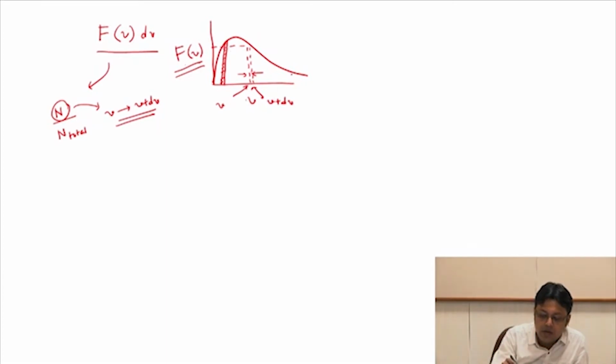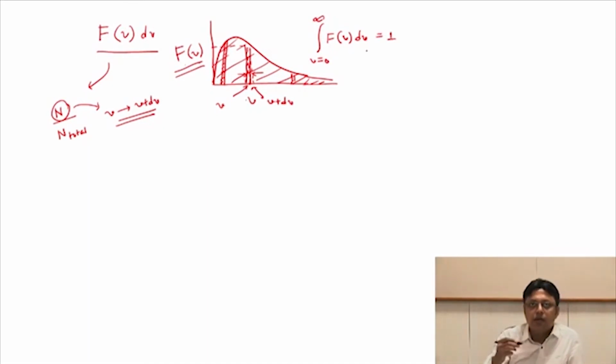In that way you build up the area under the entire curve, and that is the meaning of integration. So f of v dv is the area under this curve, and if I integrate over all the area, varying v from 0 to infinity, that should be equal to 1. So this curve is known as an area normalized curve.